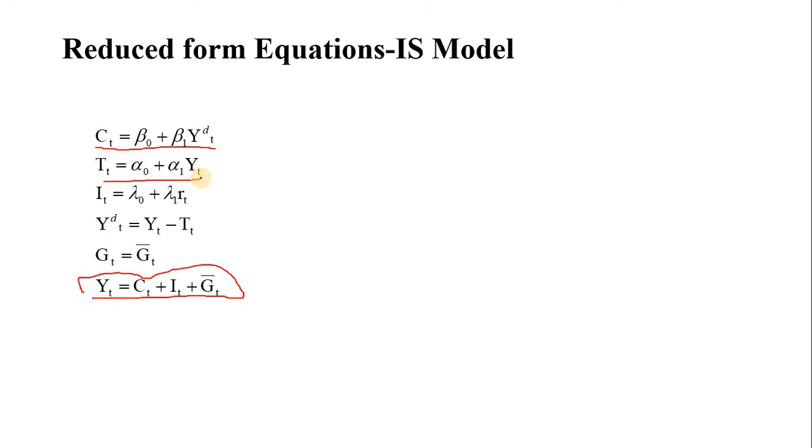Tax depends on your income. Consumption depends on your disposable income. Investment depends on the interest rate. Disposable income is nothing but your current income minus tax. And government expenditure is equal to a constant.